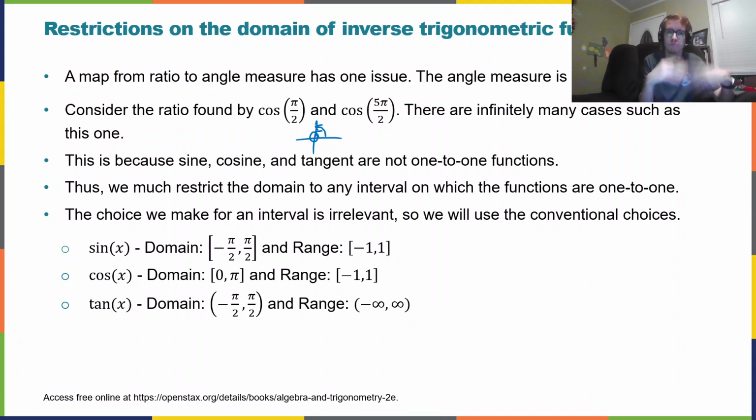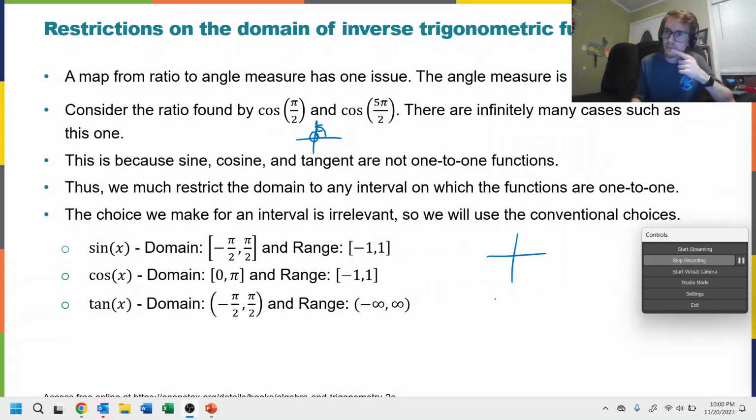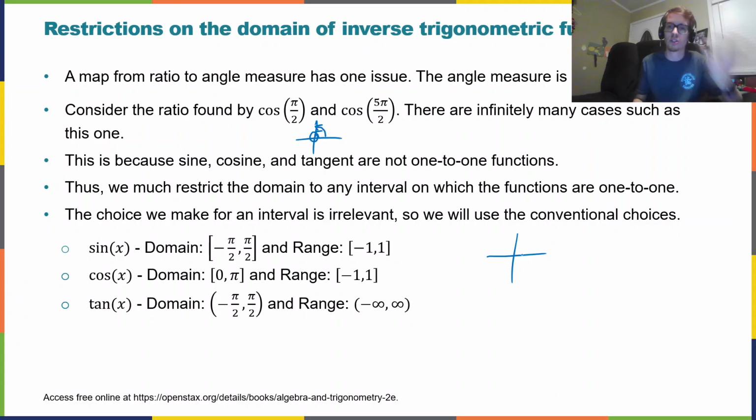This is because sine, cosine, and tangent are not actually one-to-one functions. They're periodic. So we have to restrict the domain to an interval in which these functions are one-to-one. Think about what this looks like on the unit circle. Sine of x we will restrict to -pi over 2 to pi over 2, with a range of -1 to 1.